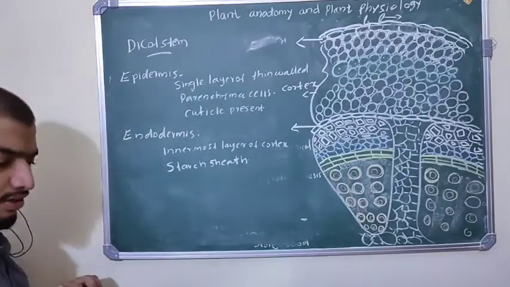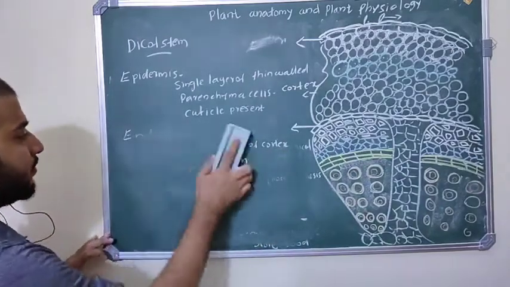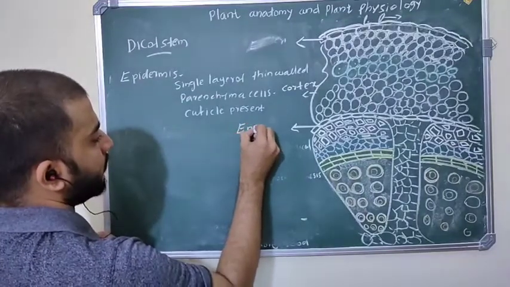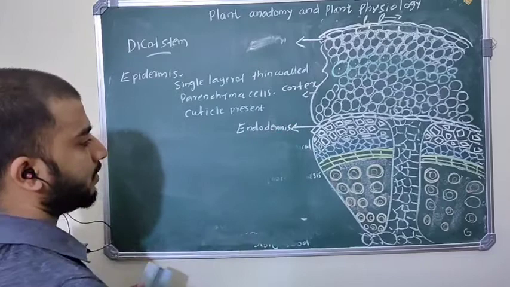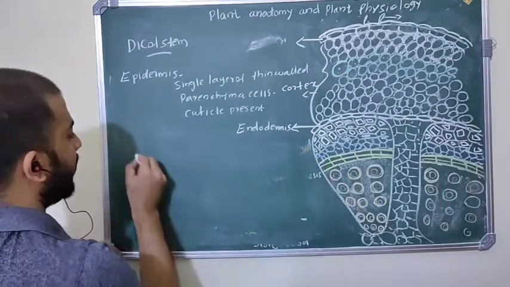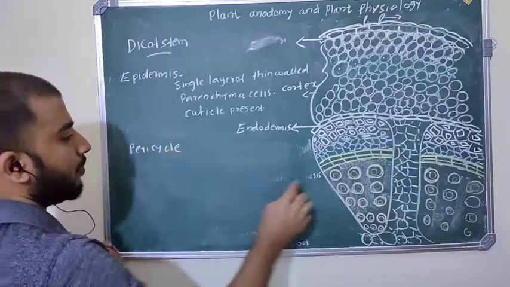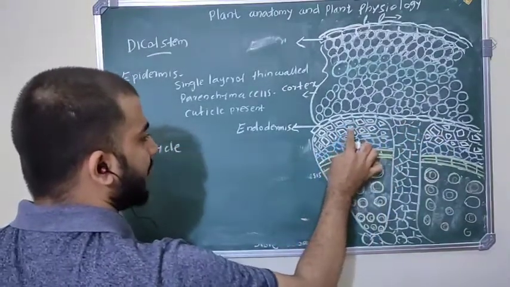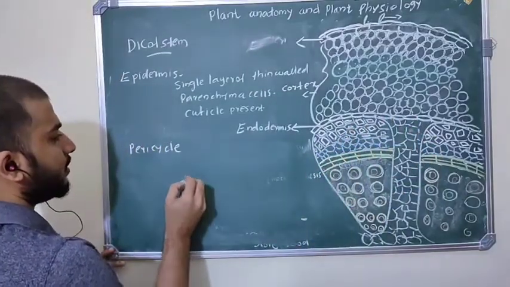Then after endodermis, the next part is pericycle. Pericycle is made up of patches of sclerenchyma alternating with parenchyma.